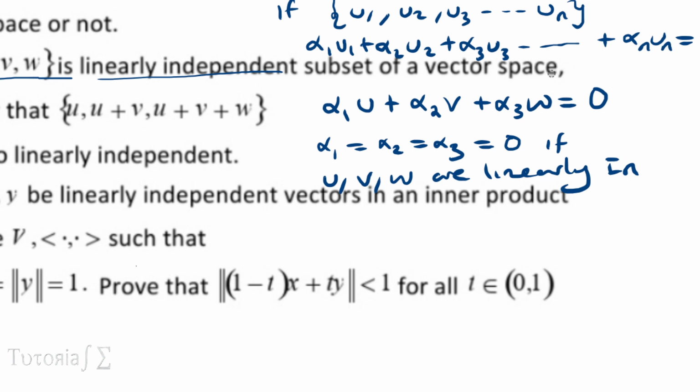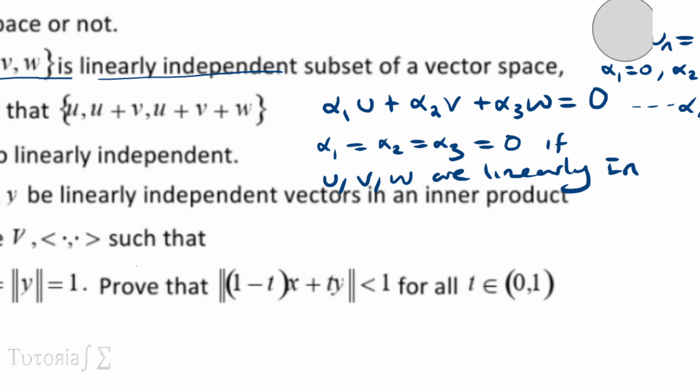If we find that all the scalars, alpha 1, alpha 2, all the way to alpha n, are all equal to 0, then we conclude that the vectors in the set are linearly independent. So that is the definition of linear independence.